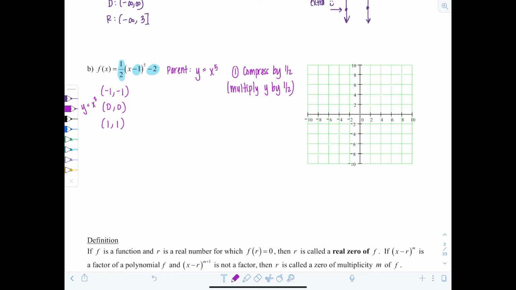We use the word stretch if it's a number bigger than 1 being multiplied by the function because it's making it taller or skinnier, and then we say compress if it's a number less than 1 because it shrinks it, squishes it down. Okay, what else is going on? X minus 1, that means we're going to shift to the right 1. And then the minus 2 means we're going to shift down 2.